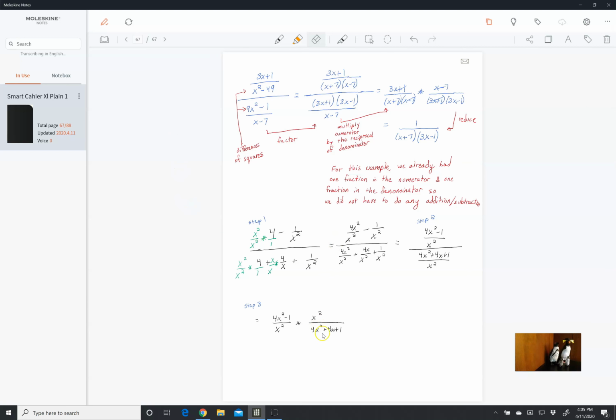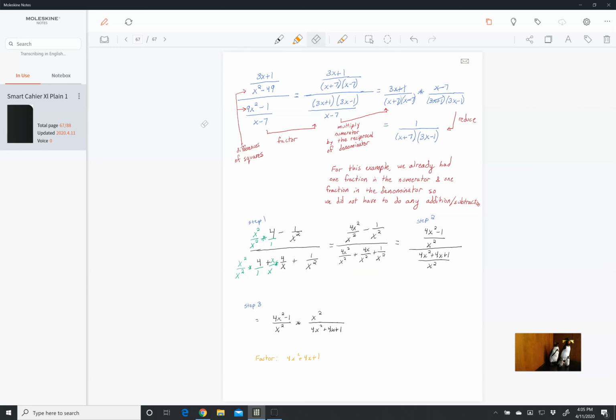And this 4x squared plus 4x plus 1 is actually factorable. So I'm going to go through and factor it here. I'll go through the steps with you. We multiply, so we're factoring. I'll do this in a totally separate color. This 4x squared plus 4x plus 1.